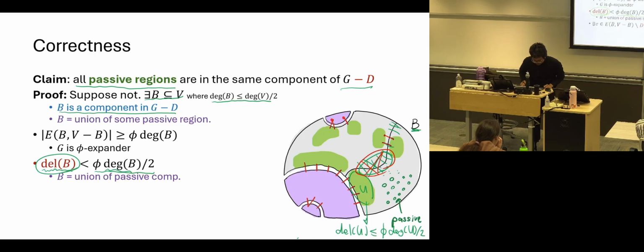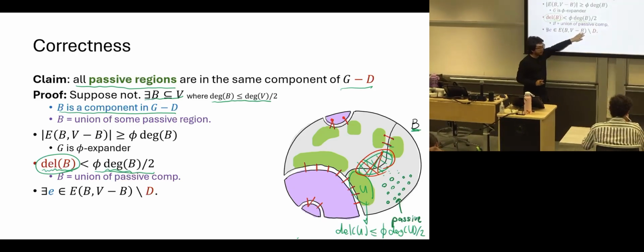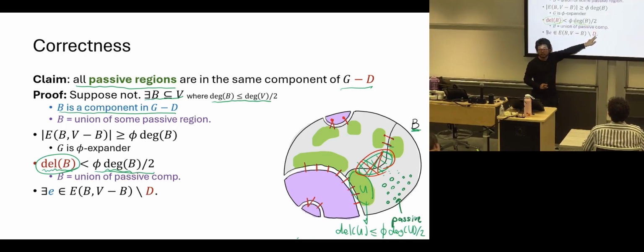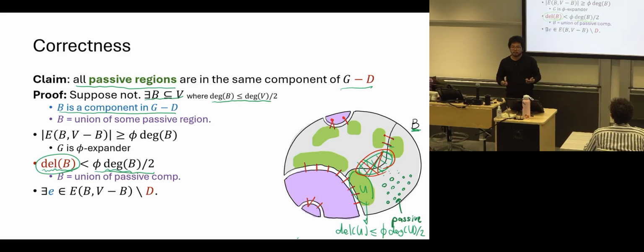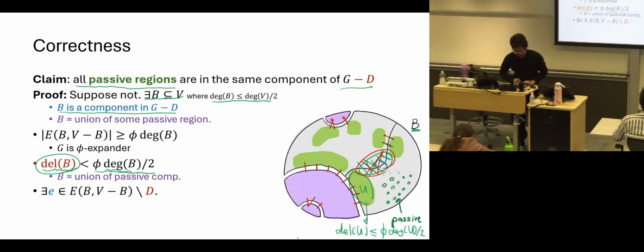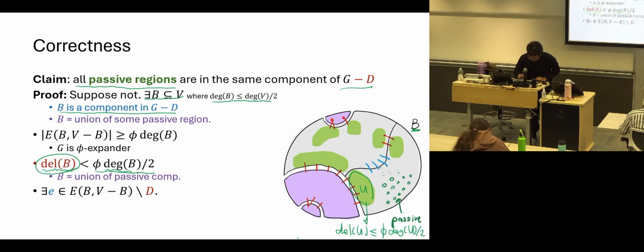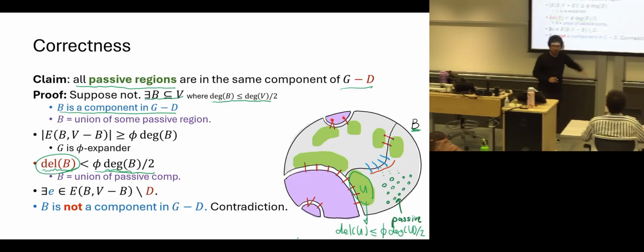There must still be an edge that crosses B that you didn't delete. But that means B is not actually a component in G-D. You can still cross B to some other part. So there must exist some edge crossing B that is not deleted, so B is not a component in G-D, and that's a contradiction.